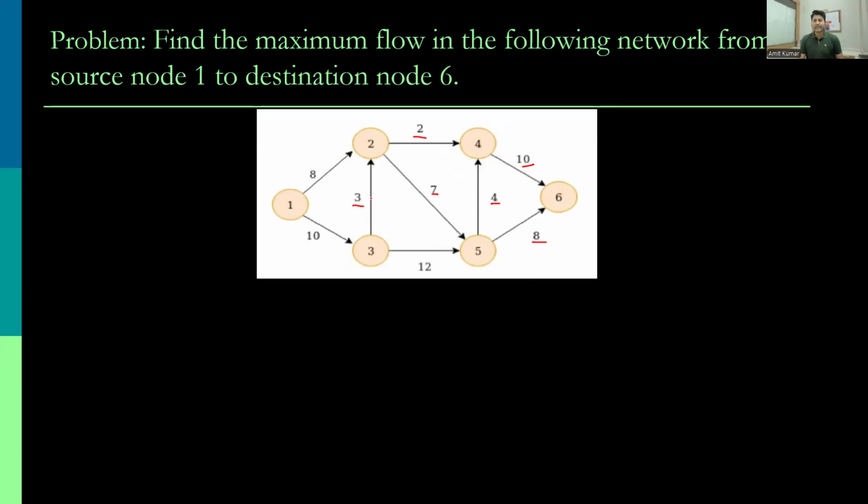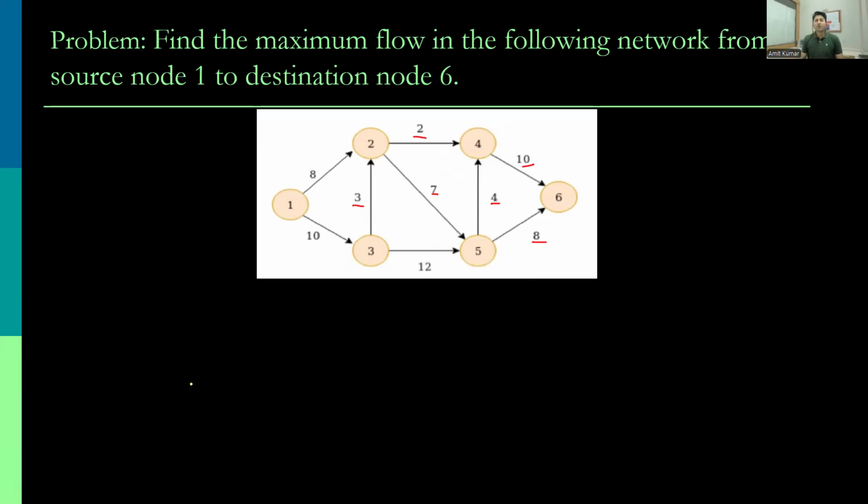If the graph is not directed, then we can move in any manner, like from 2 to 3 or 3 to 2. But since it is directed, we can move from 3 to 2 by this edge, but we can't move from 2 to 3 on this edge. 3 to 2 is possible, but 2 to 3 is not possible due to the direction restriction.